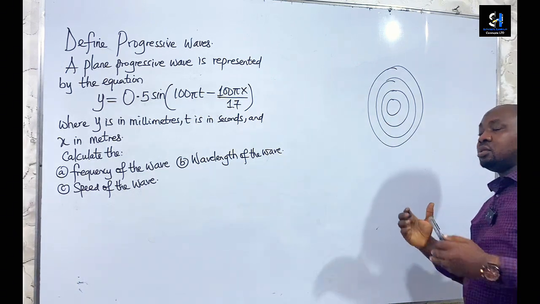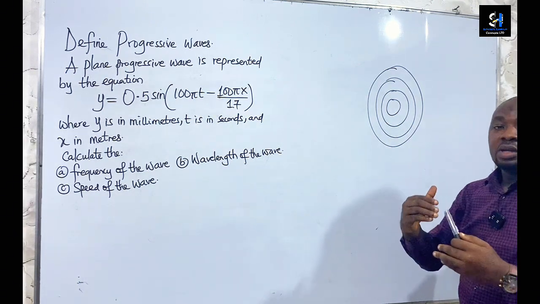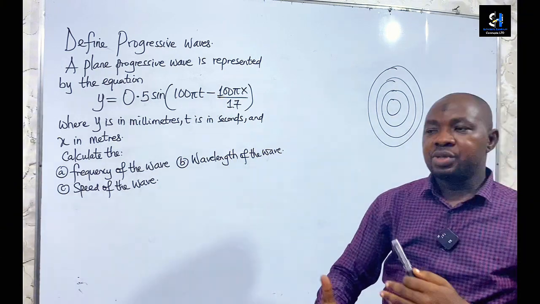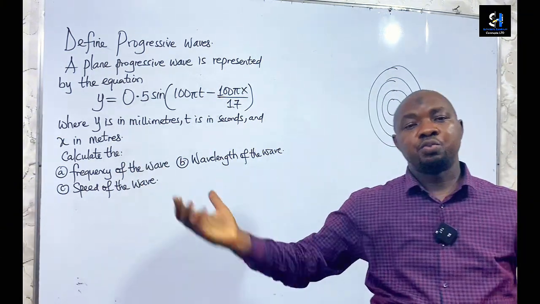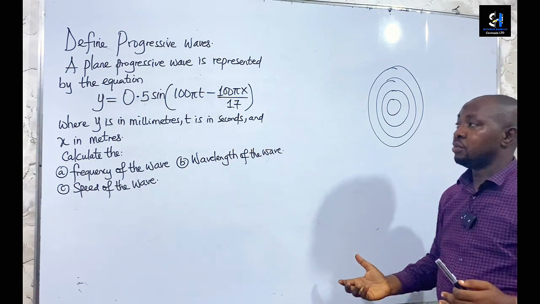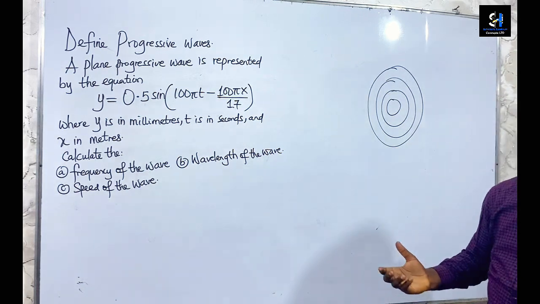That means that for a progressive wave, momentum and energy will be transported through the material medium without transferring matter.